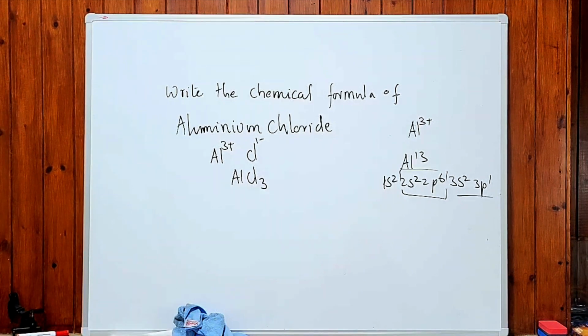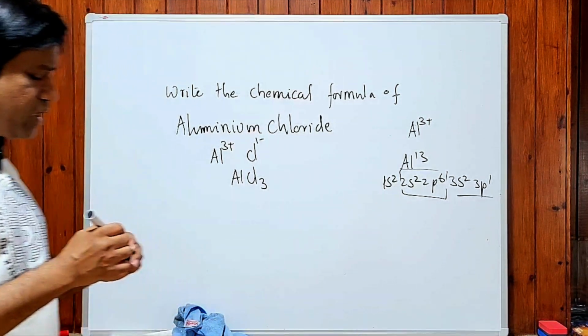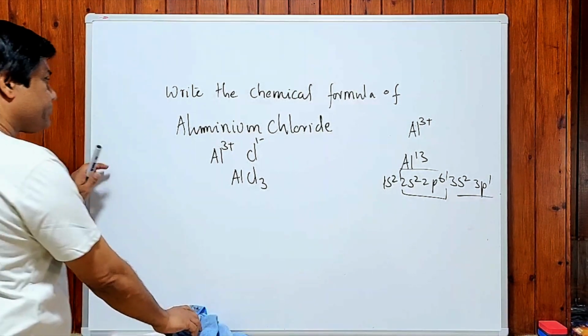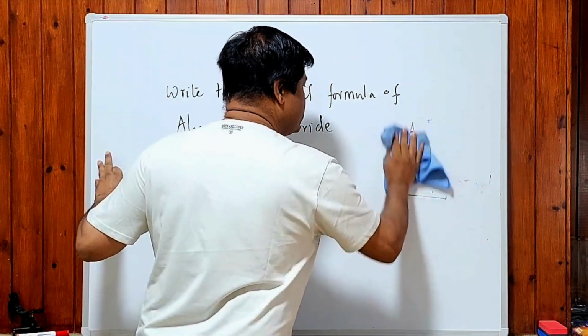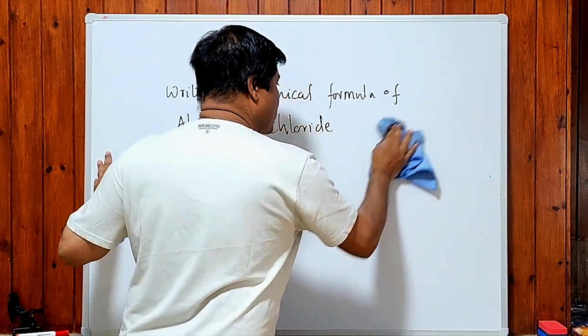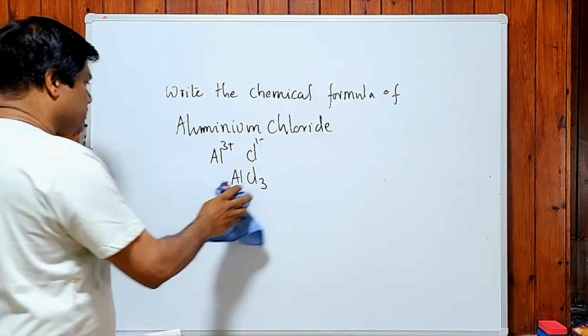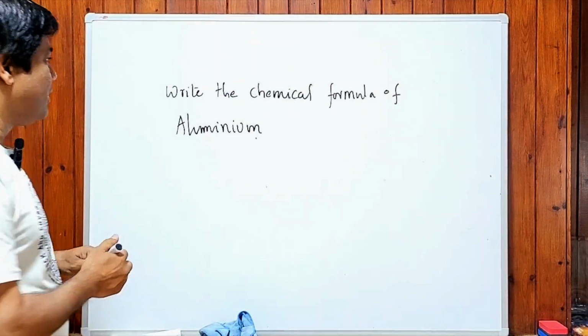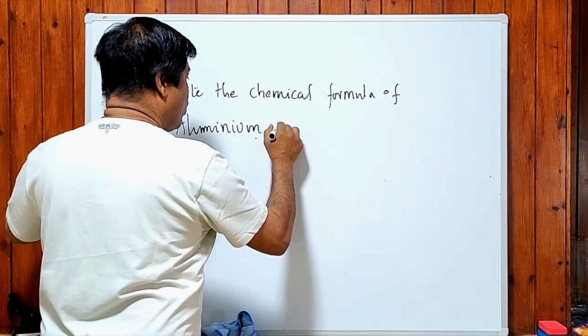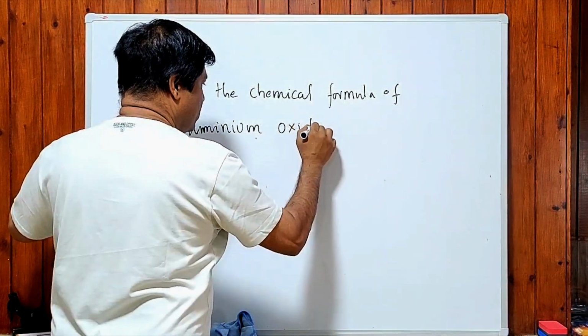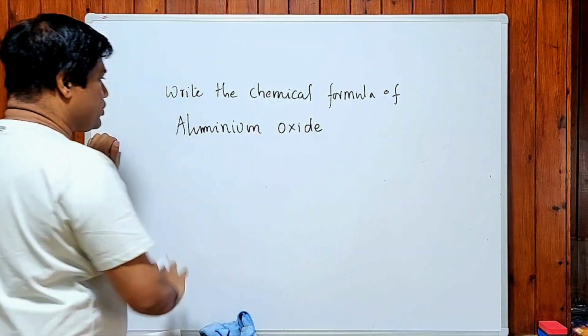Okay, now aluminium oxide. Write the chemical formula of aluminium oxide.